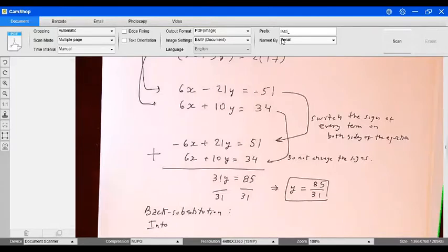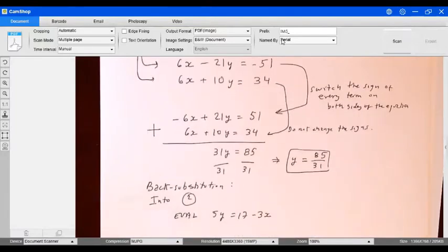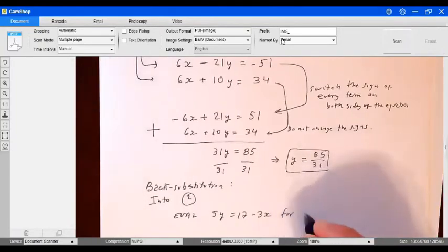So I'm going to evaluate into the second equation. So I'm going to evaluate 5y equals 17 minus 3x. So that's the original equation 2. And we're going to evaluate this for y equals 85 over 31.